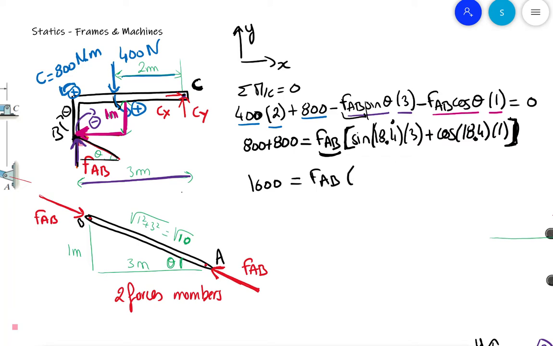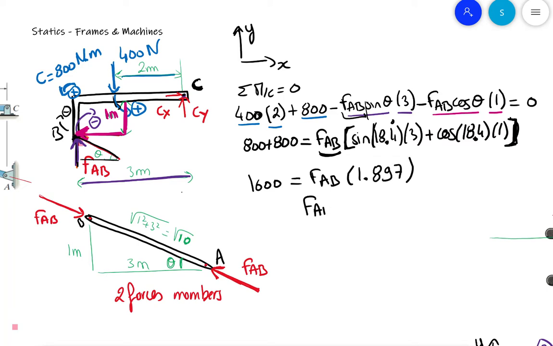you can find this in the calculator: 3 times sine 18.4, or you can keep your exact number that you found, so 3 times sine of this plus cosine of this times 1. So it's 1.897, and keep your exact number.